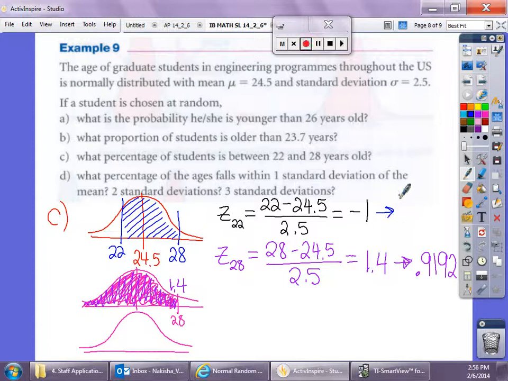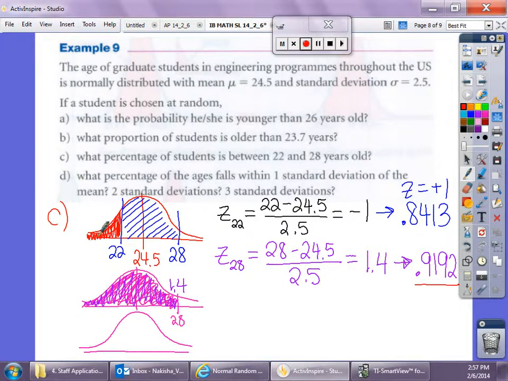So, let's do 0.8413, z-score equals +1. All right, so what does that give me? Even though 22 is on the left here, if I knew the area that was here, I could take the z-score of 1.4 and its probability, which was 0.9192, and subtract away this little tail.